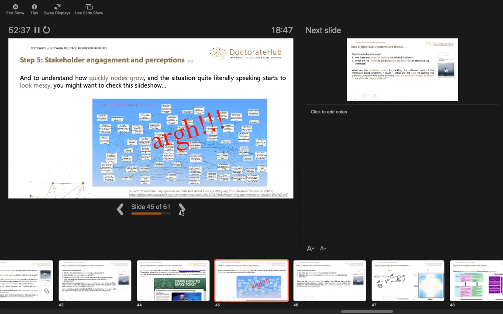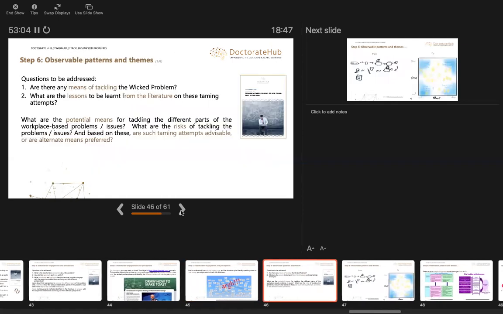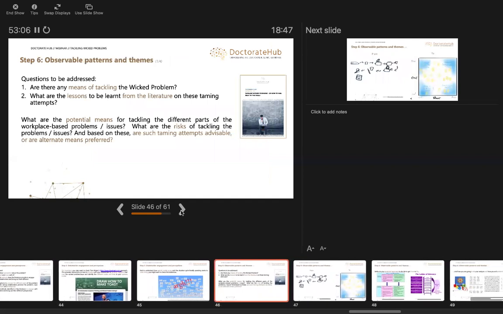This might be an outcome of a 2 or 3 day stakeholder engagement workshop that you might organize as part of your research in your organization or with some of the stakeholders that you invite for targeted sessions, which can also be broken down. And that will allow you to build up together a shared and common knowledge. And this shared and common knowledge then ultimately will allow you to jointly work towards observable patterns and themes.